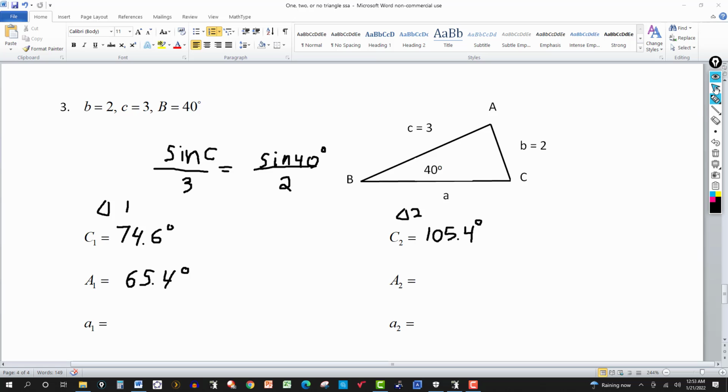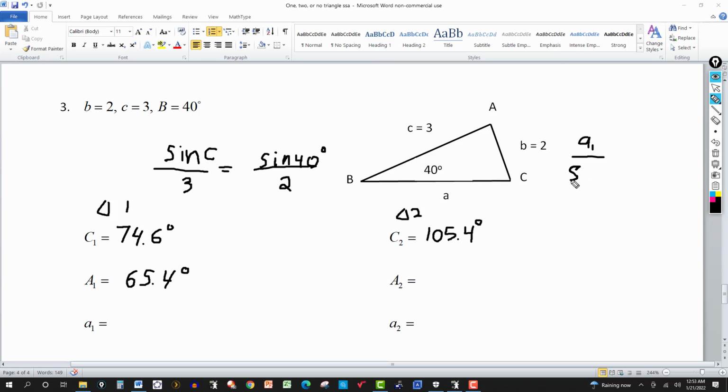Now what do we need? We need A. In this case it's A1. So I'll just do it here. I have A1 divided by the sine of the opposite angle.